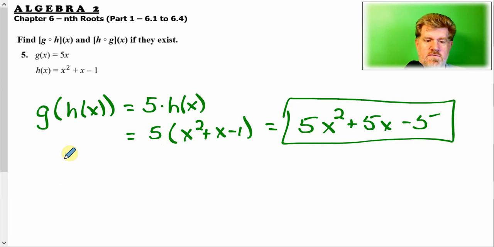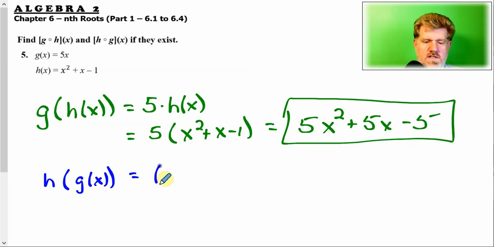And now, what if I want to do it the other way? H of g of x. And all that dot means is that the g is going inside of h. I know that h is something squared. Well, guess what that something is going to be. What am I putting in place of x? I'm putting g. So look at the patterns here.